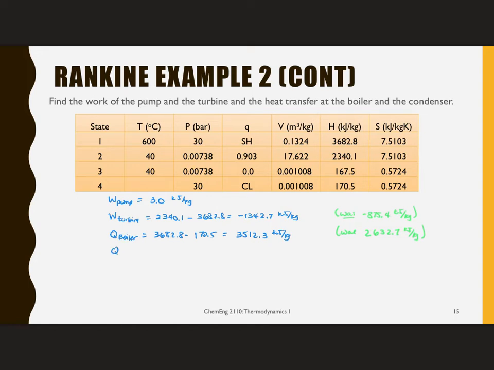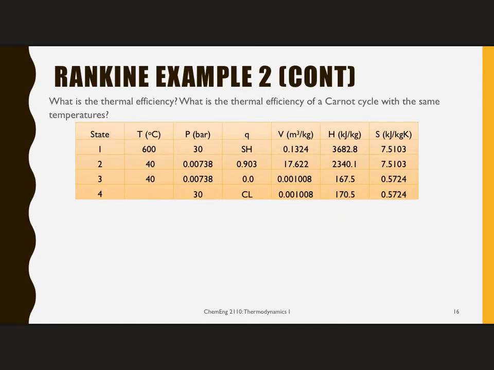And then the waste heat at the condenser is negative 2172.6 kilojoules per kilogram. If we then use this to calculate the thermal efficiency, my thermal efficiency is 0.3814, the net work over the net heat transfer.